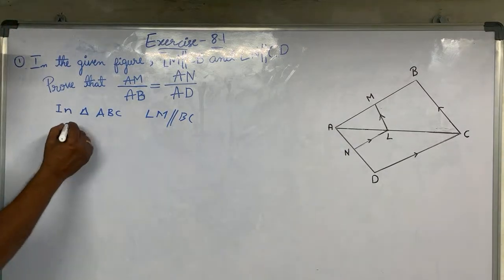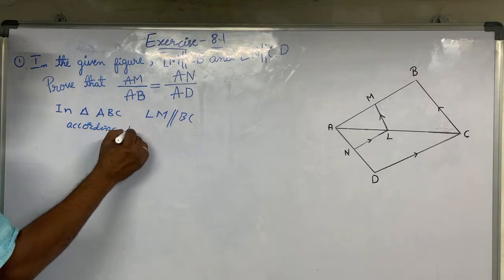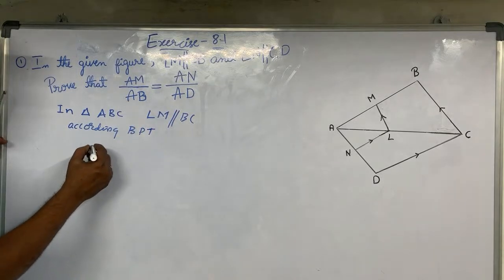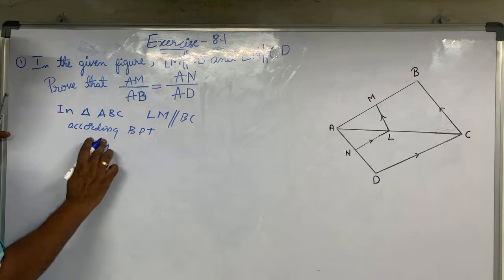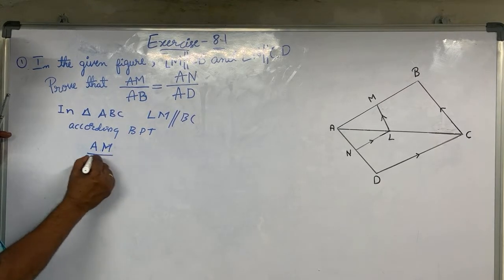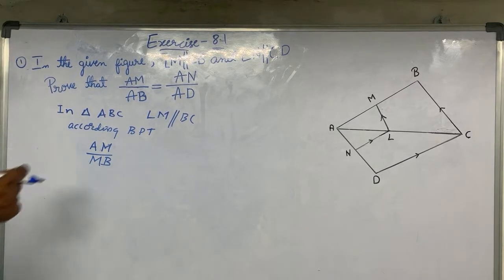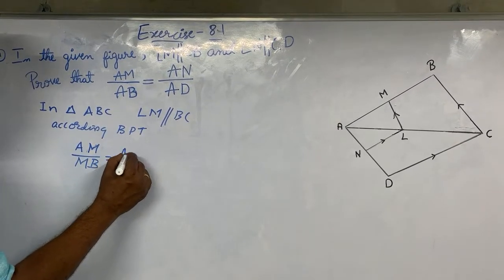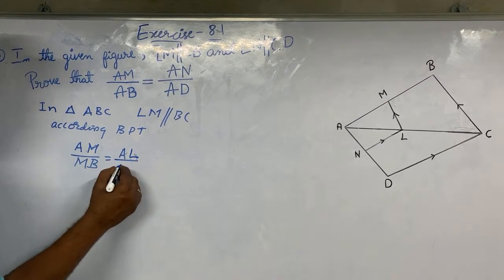Then according to the basic proportionality theorem, here AM by MB is equal to AL by LC.